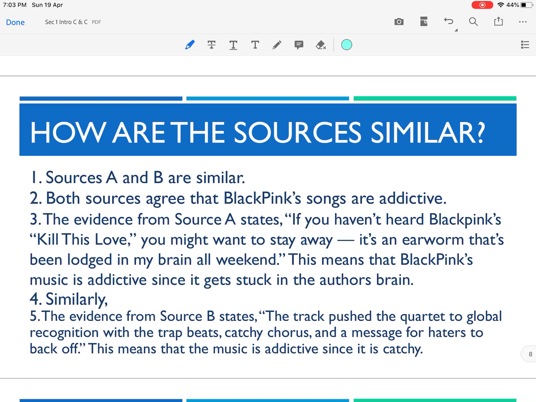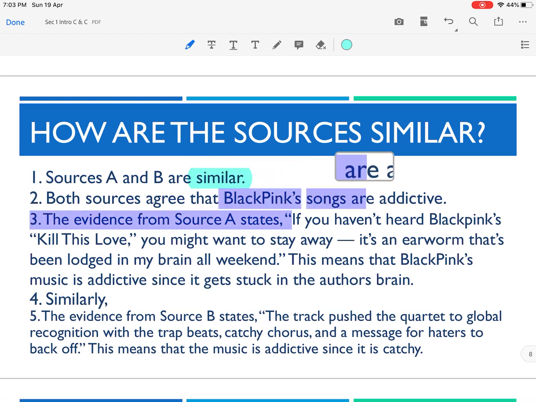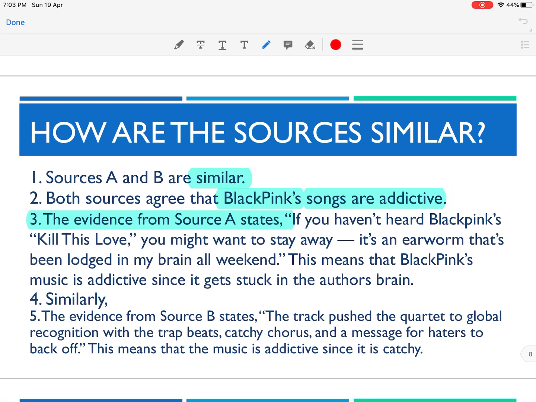So number 1, both sources A and B are similar. I'm answering the question. Next, how are they similar? Blackpink songs are addictive. Okay, that, like what we said earlier, is your inference.